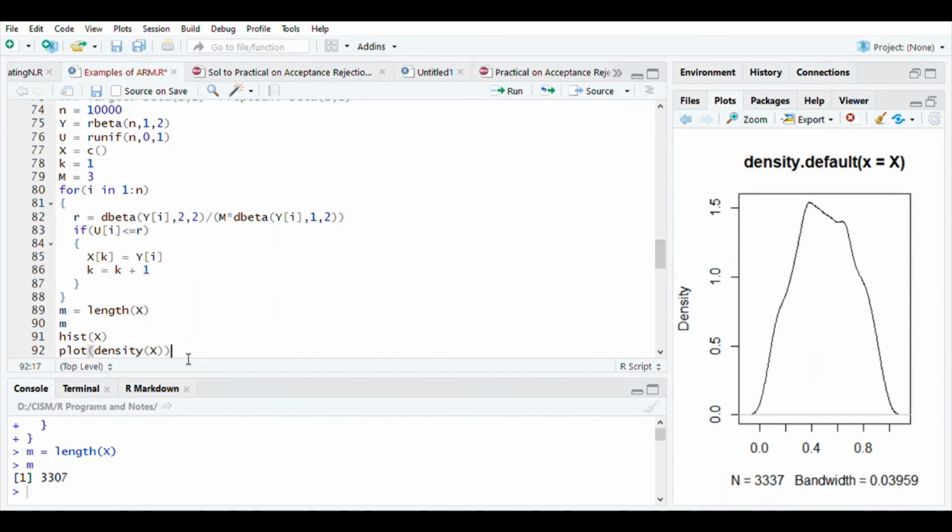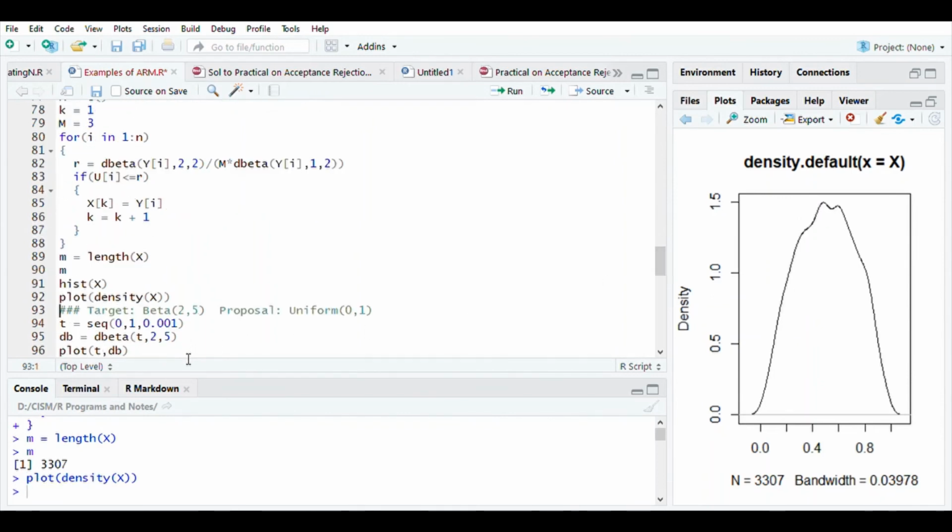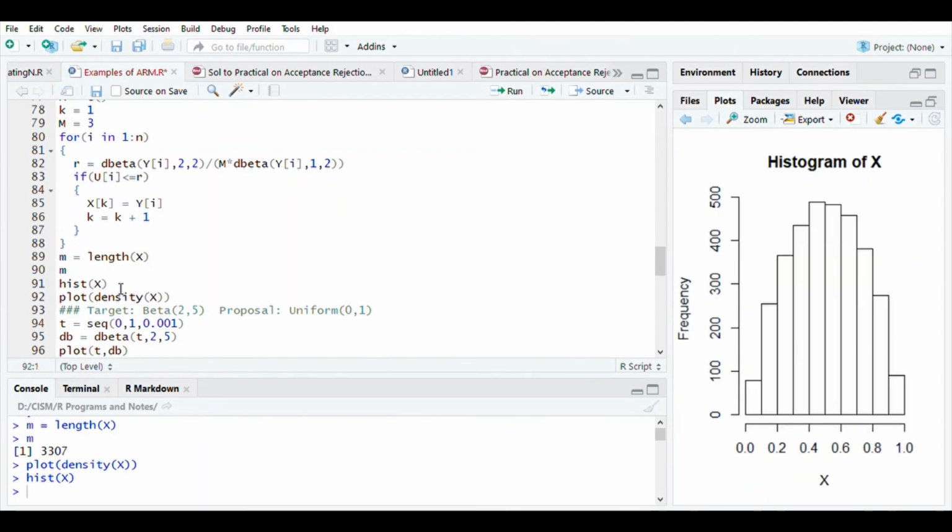If you look at the density plot, yes, it looks like beta(2,2), but so many observations we had to discard. In fact, to get a better idea, you can say freq=F.